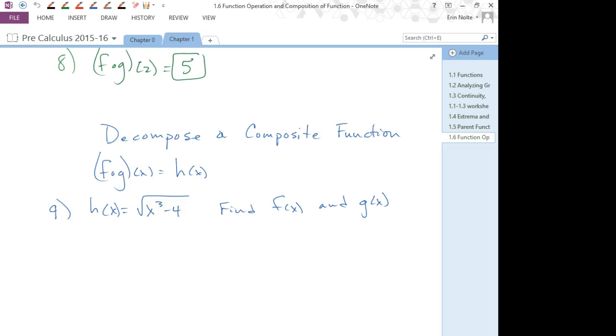What could have gotten plugged into the other function? f of x will equal the square root of x, and g of x will equal x minus 4. Okay, there you go. You could also have the g of x, the one that got plugged in, be x cubed minus 4, and the f of x could be the square root of x. See that? The x cubed minus 4 got plugged into the other one.